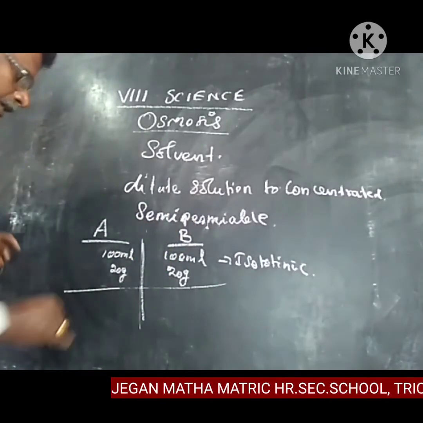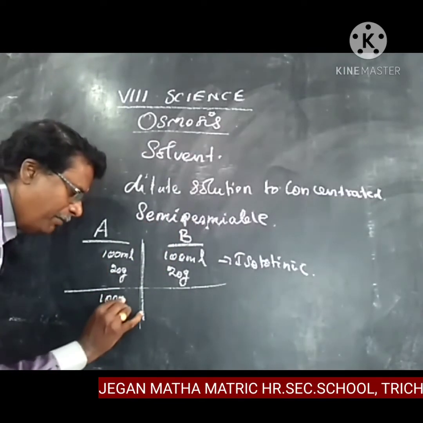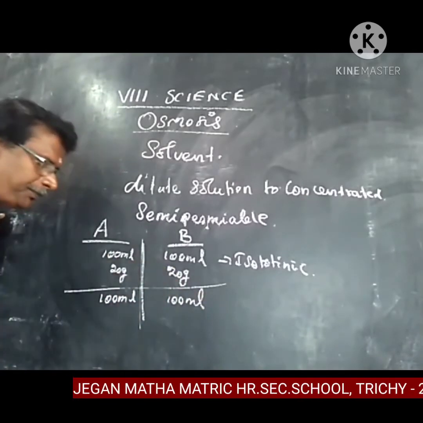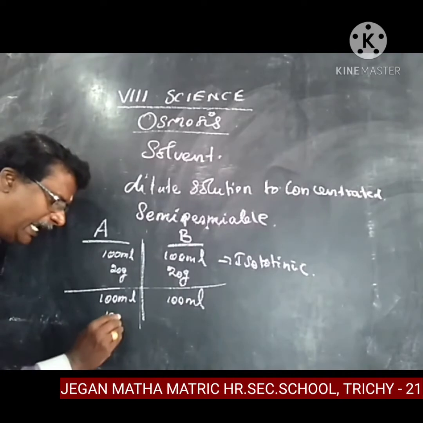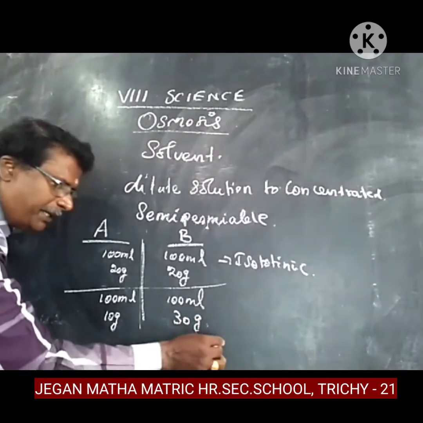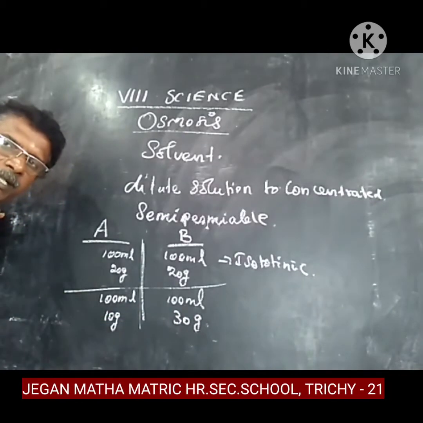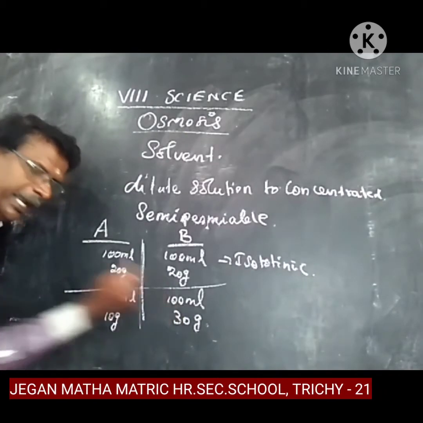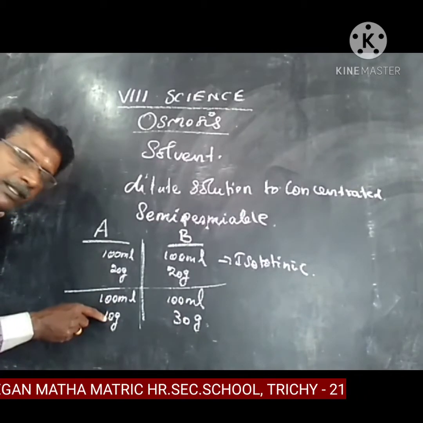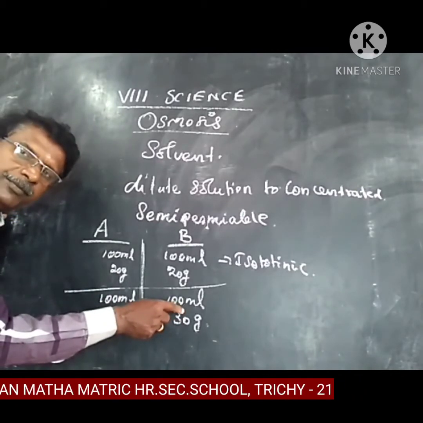Next, solution A has 100 ml of water, and B also has 100 ml of water. Here there are 10 gram of salt, and there are 30 gram of salt present in solution B. Comparing the two solutions, this has a low concentration and here there is a high concentration.